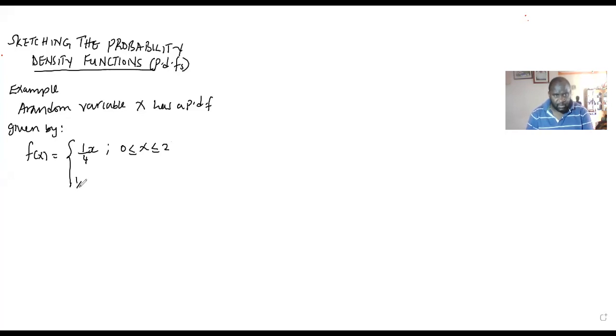Then we have a quarter into 4 minus x. And this boundary is 2 less than or equal to x less than or equal to 4, and then 0 elsewhere. And the question says sketch the function f of x.